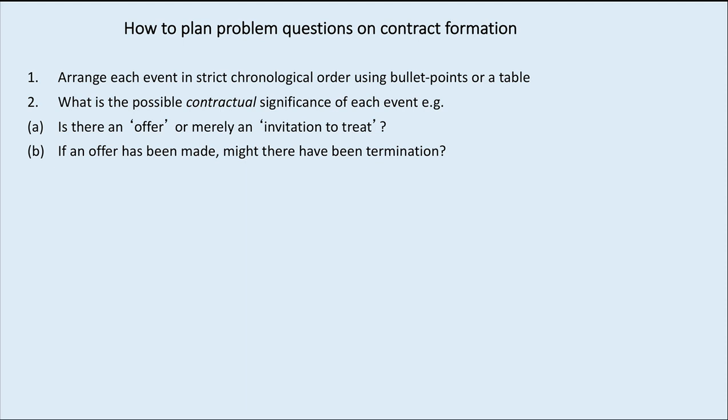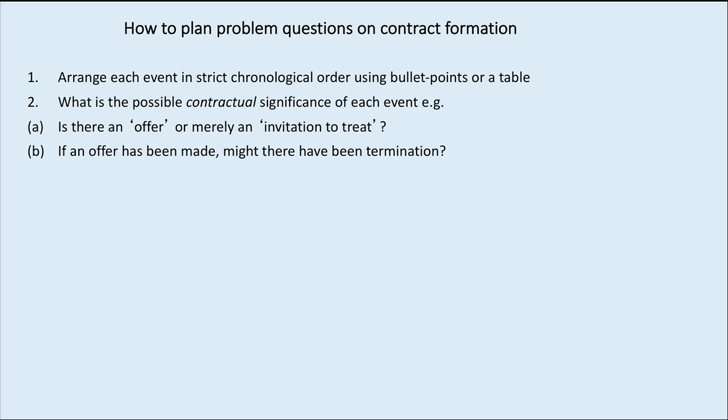You'll remember from the lecture that there are a number of ways in which an offer can come to an end. An offer once made doesn't remain on the table forever. For example, there may be termination due to revocation or withdrawal of the offer by the offeror. There may be an express rejection of the offer by the offeree.